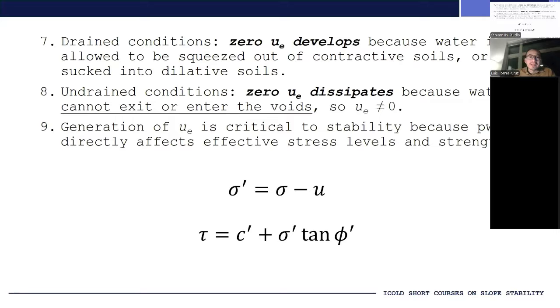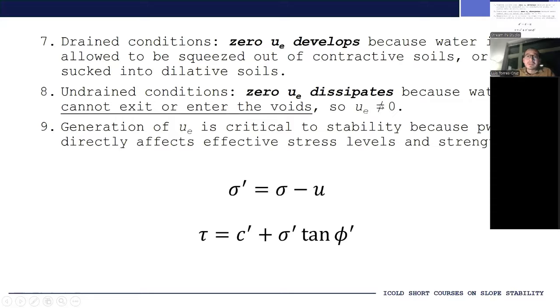Under undrained conditions, on the other hand, we have zero dissipation of the excess pore water pressure. So under drained conditions, we have zero development of excess pore water pressure, and under undrained conditions, we have zero dissipation of the excess pore water pressure because water cannot exit or enter the voids.